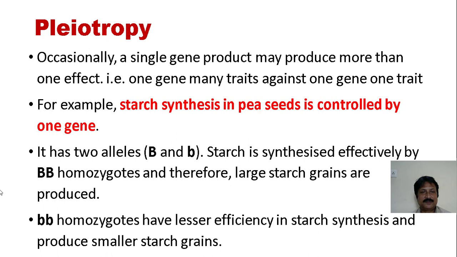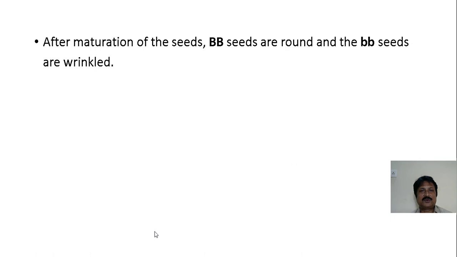I think it is now clear. BB homozygous, small b homozygous. The dominant gene produces a large number of large size starch grains, and small b has lesser efficiency, so it produces smaller starch grains. Now, on maturation of the seeds, what happens?